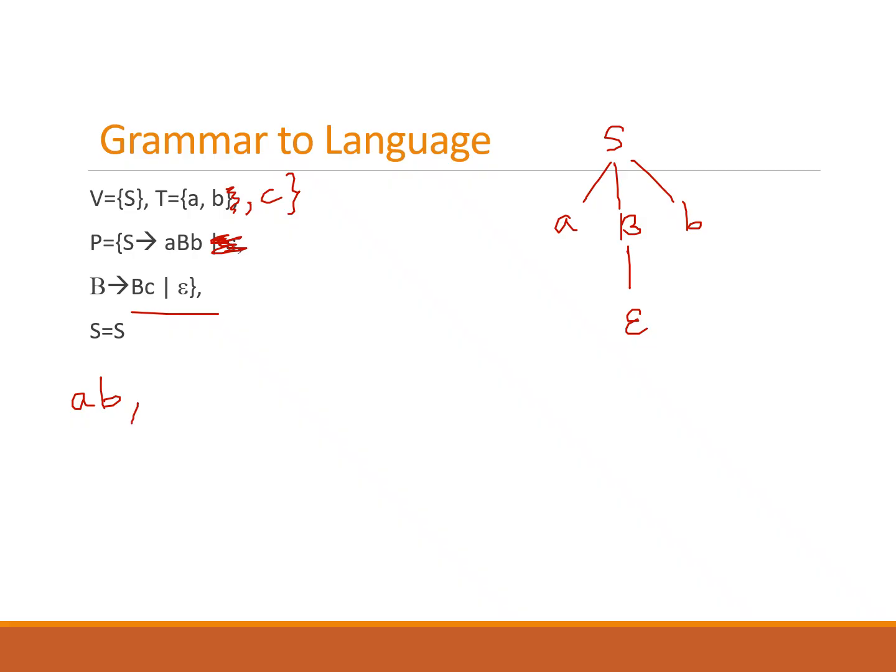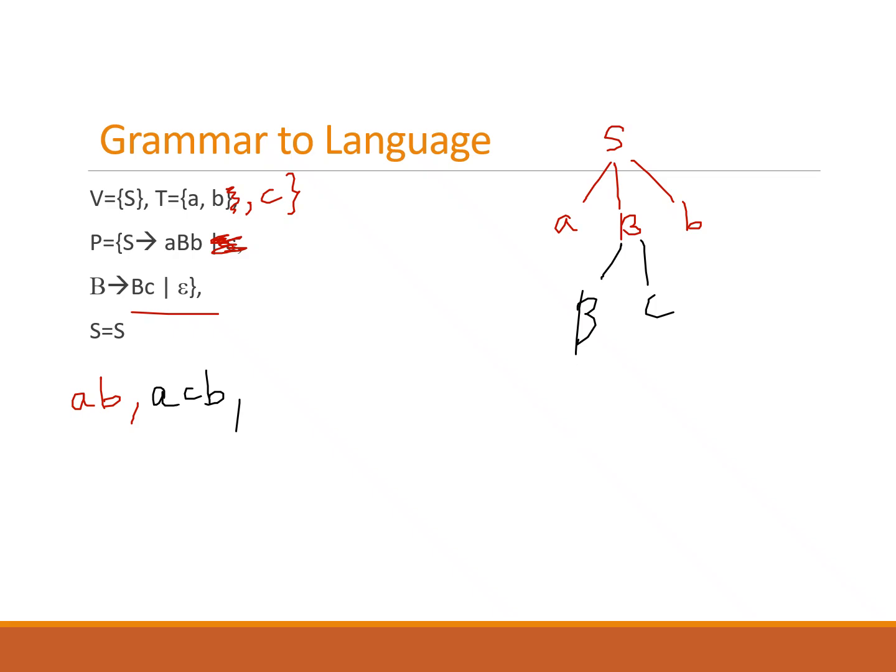After this, we can try another option for B, which is BC. And now this B can again be made epsilon. So we have AB and C coming at the center.